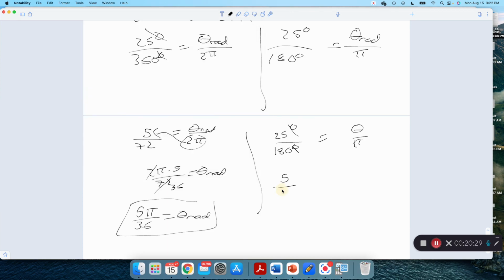Yep. That's the angle I'm looking for out of pi. The pi just comes up on top. 5 pi over 36. So you get the same answer either way. You choose which one you want to memorize and memorize it. And then my recommendation is always use that method. And that's a good place to stop.